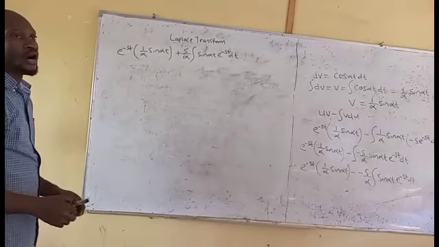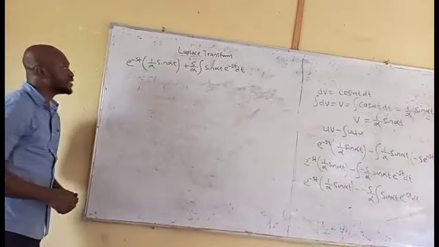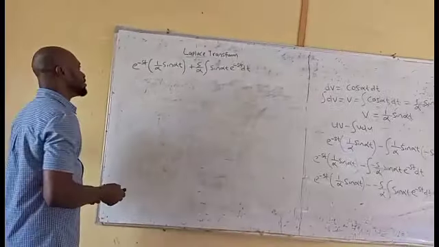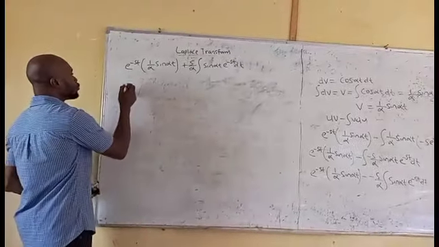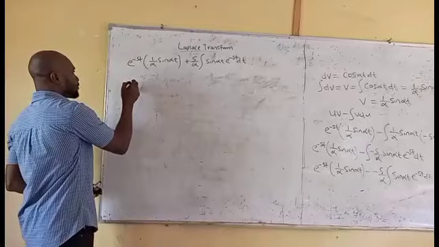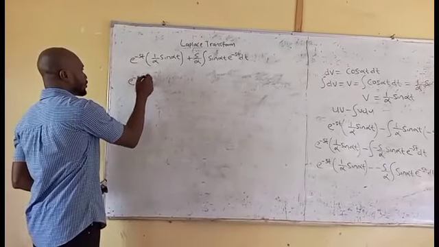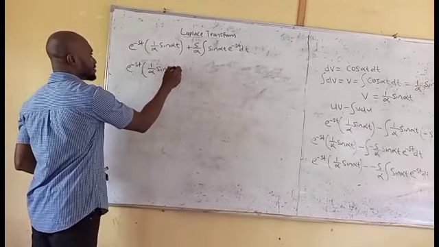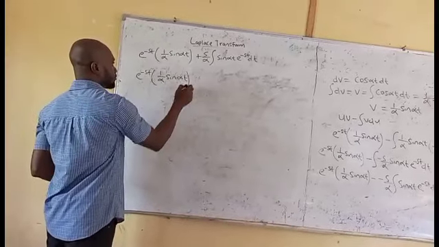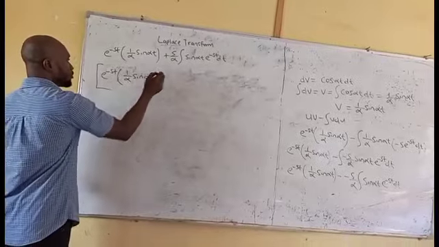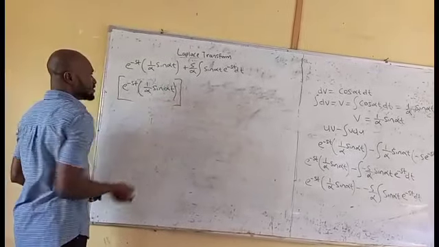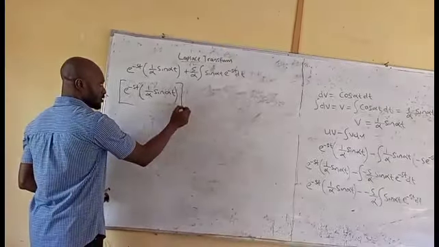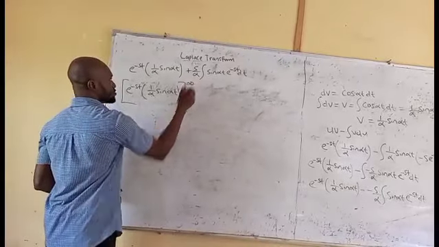So now I want to include my limits. I have my exponential minus st into 1 over alpha sine alpha t. Let me write it this way to include my limit from 0 to infinity.